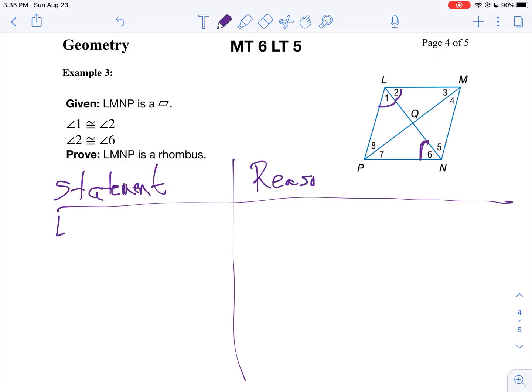So let's write down our proof. So we know LMNP is a parallelogram. We know angle 1 is congruent to angle 2. And we know angle 2 is congruent to angle 6.